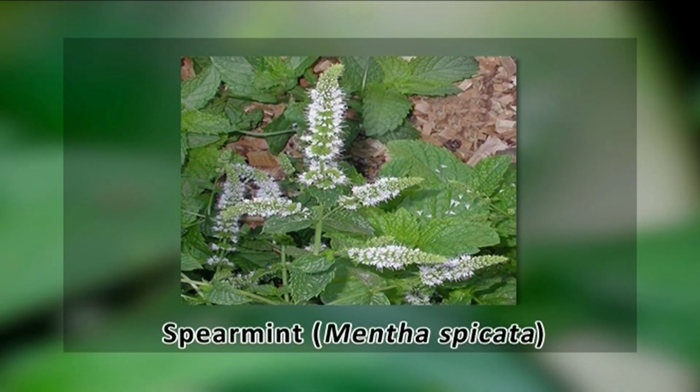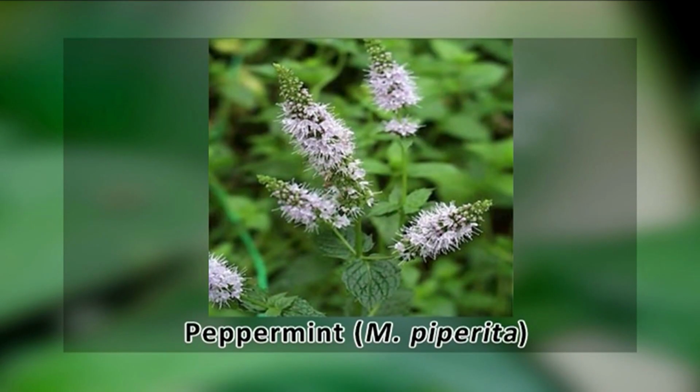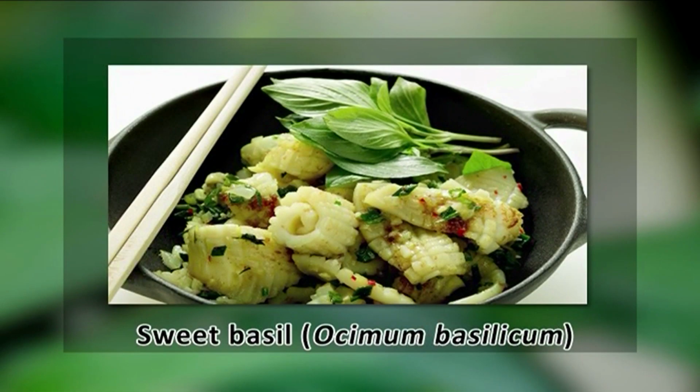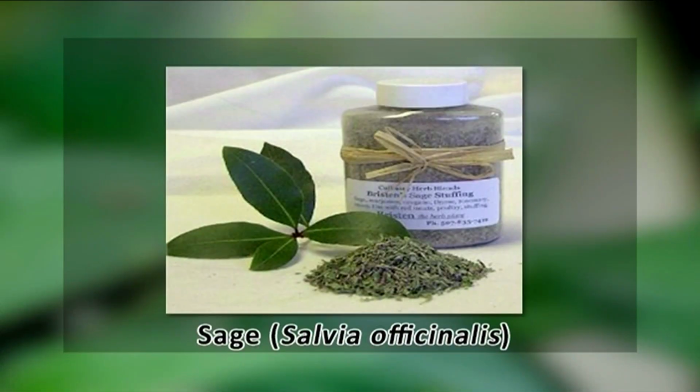Many species are commercially valuable for their use in cooking and flavoring, such as spearmint, scientific name Mentha spicata, peppermint, Mentha piperata, thyme, Thymus vulgaris, or the sweet basil, Ocimum basilicum, or the sage, scientific name Salvia officinalis. These are the various species of Lamiaceae which are used as spice.